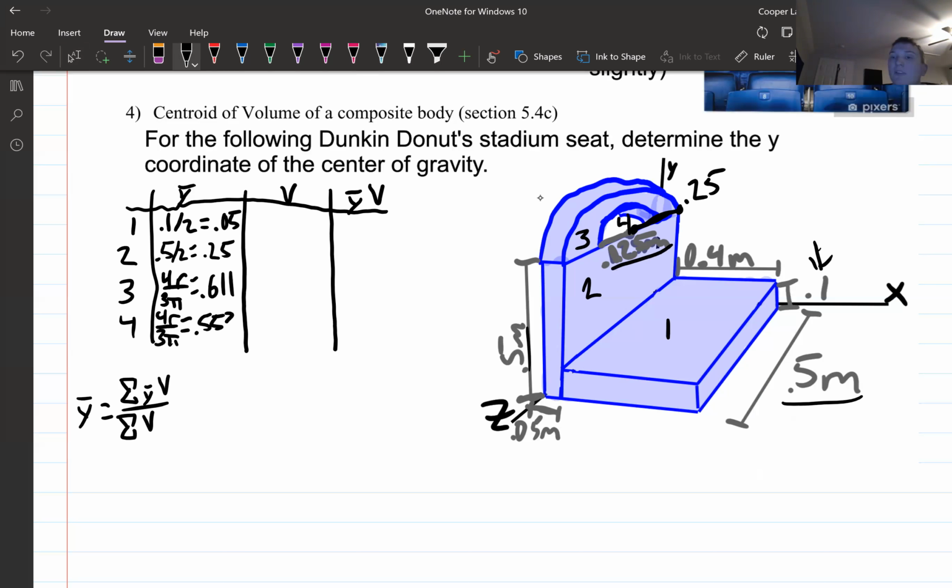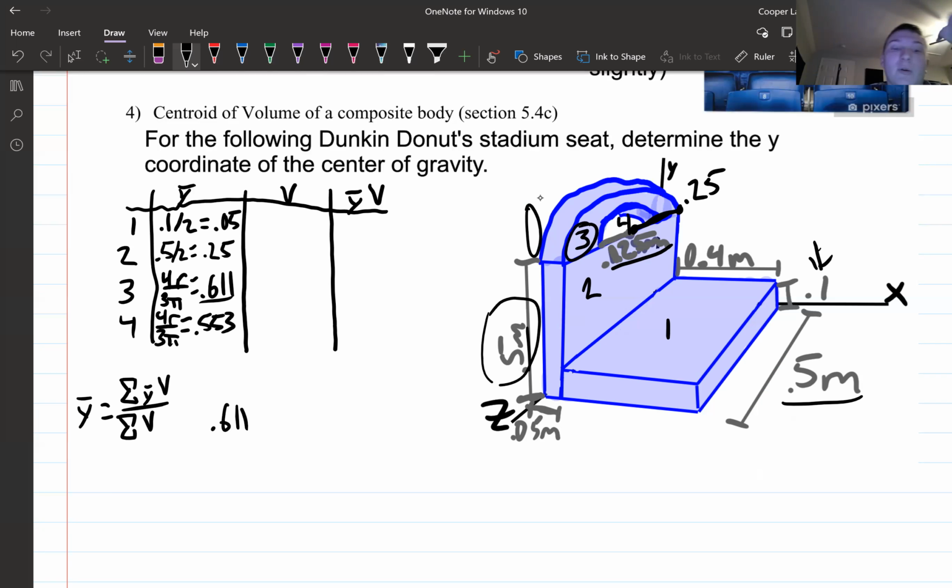Now, I forgot to mention this earlier, but part of the reason why this value is 0.611, despite what I get when I do 4r over 3 pi, is that that is not my straight value. I have to take the height here, and add it to what my y centroid would be for this, because shape 3 is on top of that other sheet. It's not resting on the y-axis, so I have to add the elevation that it already has where it starts.